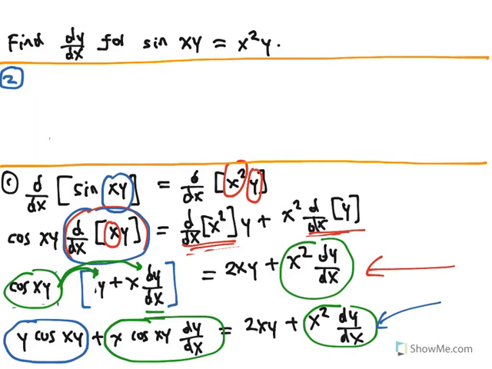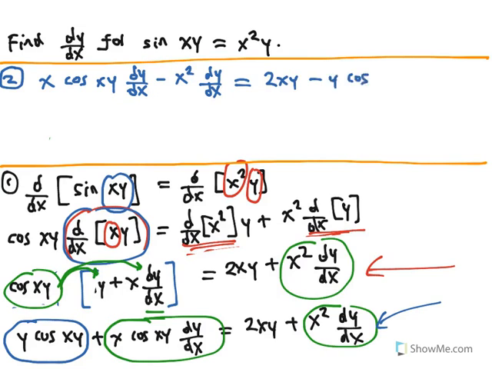So that would give me, on the left side of the equation, x times cosine xy dy dx minus x squared dy dx, and that would be equal to, on the right side of the equation, 2xy minus y times cosine of xy.